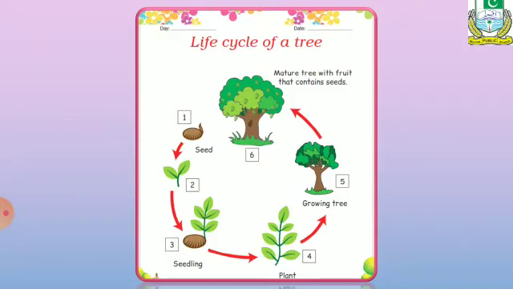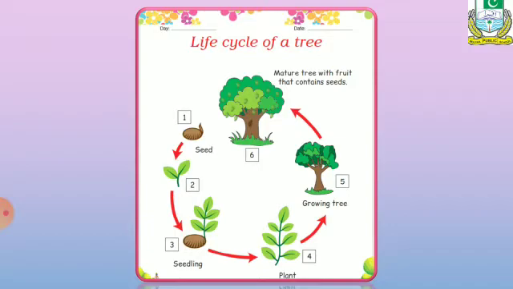Okay, dear students, here we are on our reading page and the heading says life cycle of a tree. We are going to be learning life cycle of a tree in 6 simple steps. Okay, dear students, let's see.